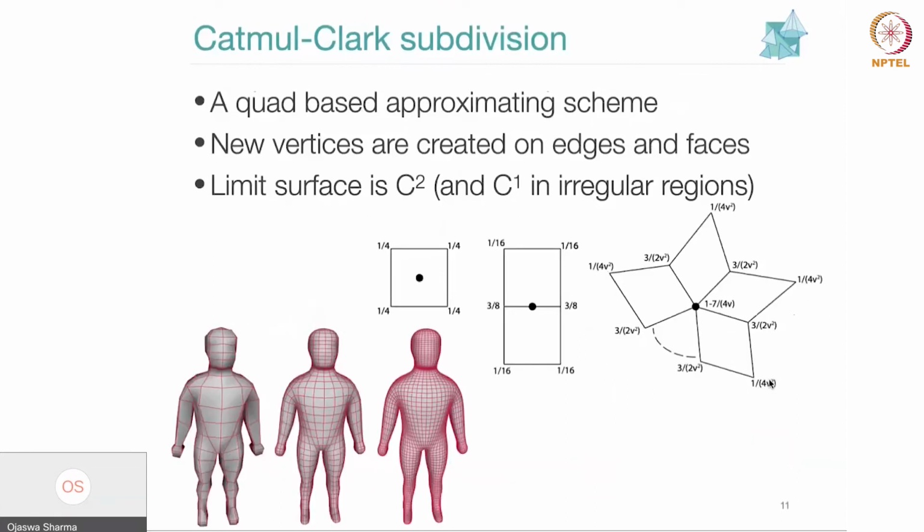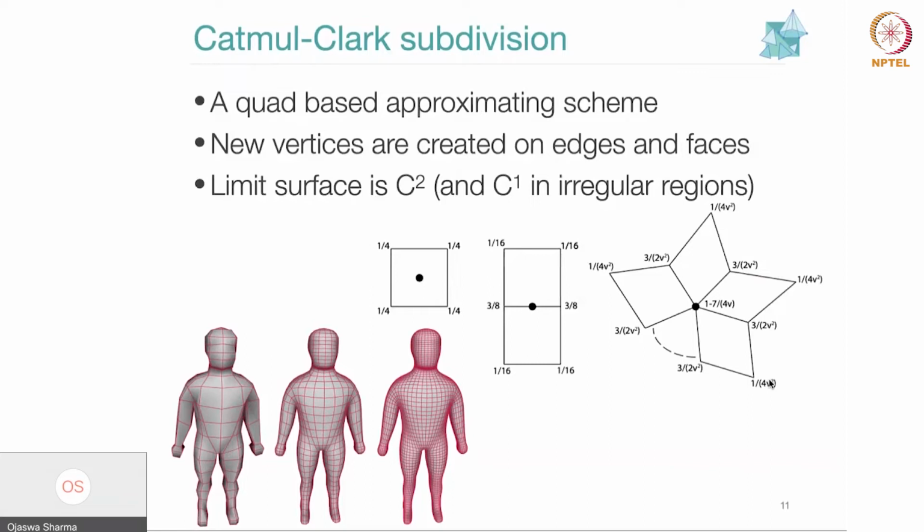Then there is another well-known subdivision scheme called the Catmull-Clark subdivision scheme. This is again a quad-based approximating scheme. So we are not working on triangle meshes, but on quad meshes. And new vertices are created on edges, so there is an edge mask, and also on the faces, so there is a face mask as well.